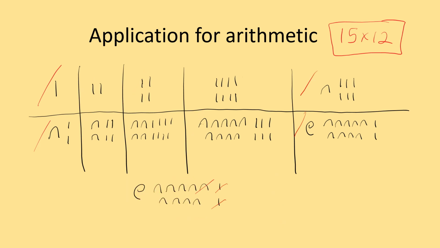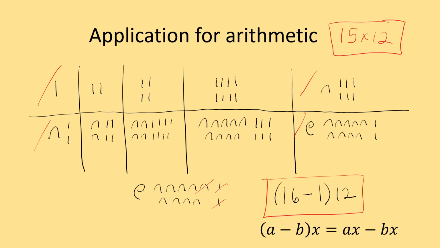Here's another option for finding that same product. Take a moment to explore this strategy. In this application, what we're using is 16 minus 1, or 16 take away 1.